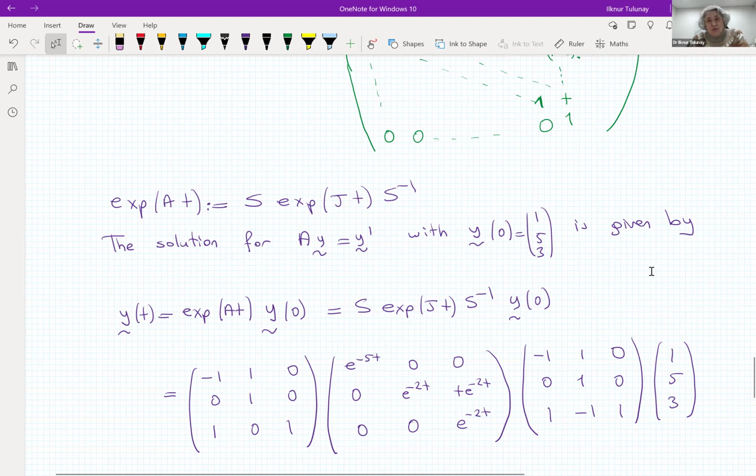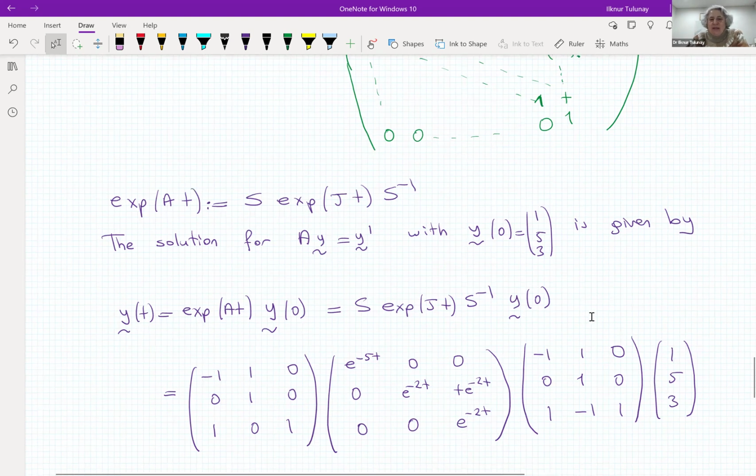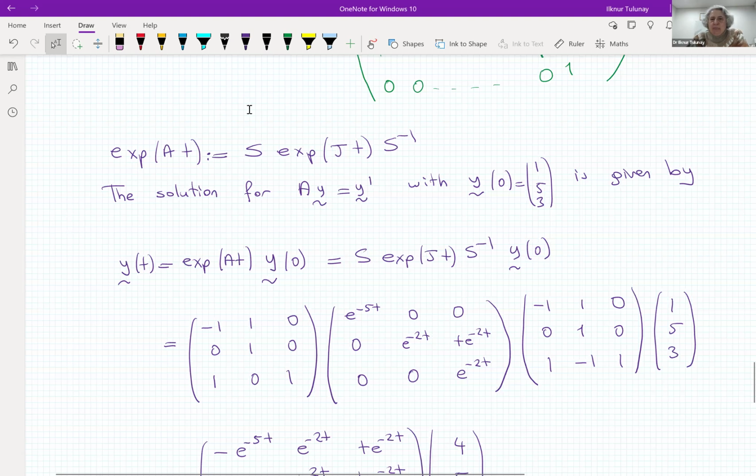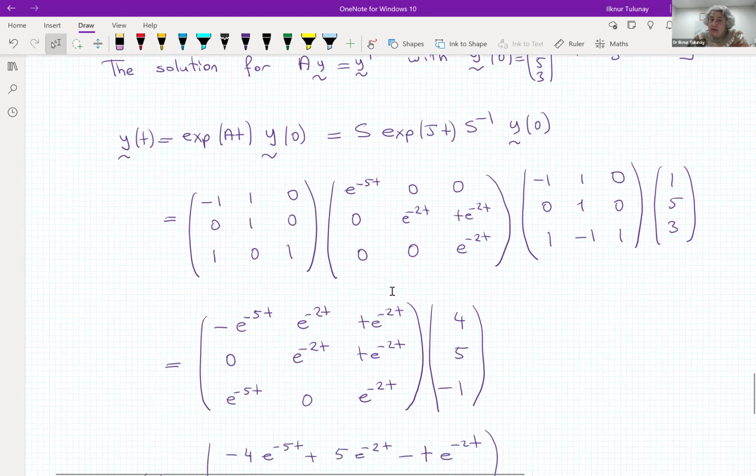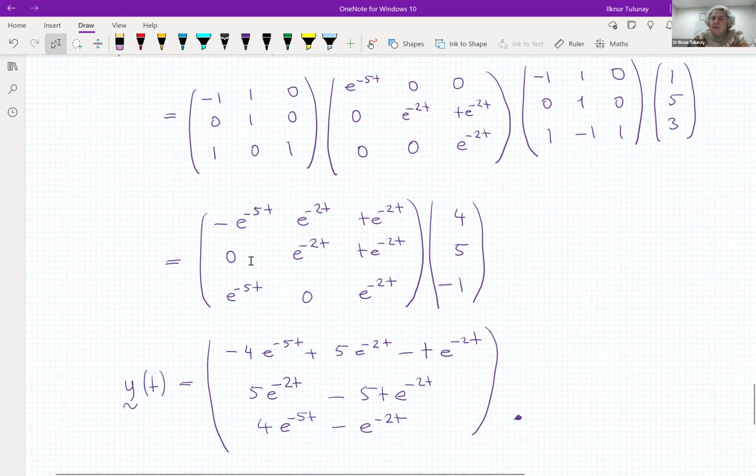There was a lot of preparation, I know, a lot of iterations, but what we found here is amazing. Just multiply those things. This triple multiplication gives you that one. So this is the matrix. This is the initial vector, and you can change it.